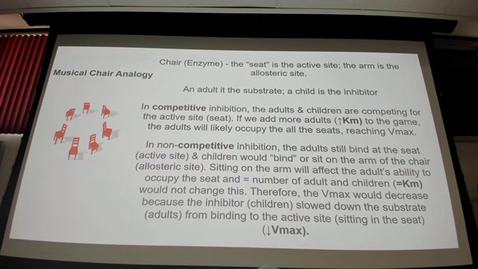What that's going to do is reduce the adults occupying the seat because the children are sitting on the arms, and so that's going to slow down the reaction. So with an equal number of adults and children, if the children sit on the arm, the adults are not going to sit on the seat, and the game is going to be kind of over because the kids didn't play correctly. Does that make sense?